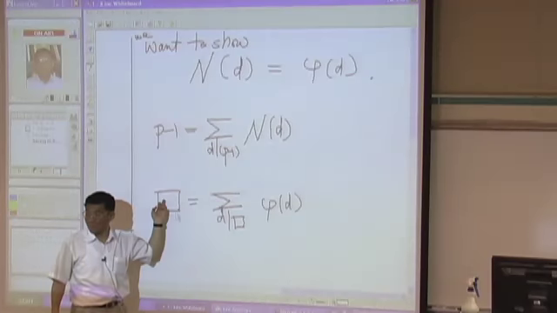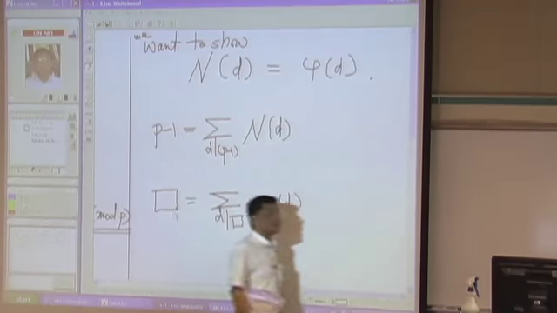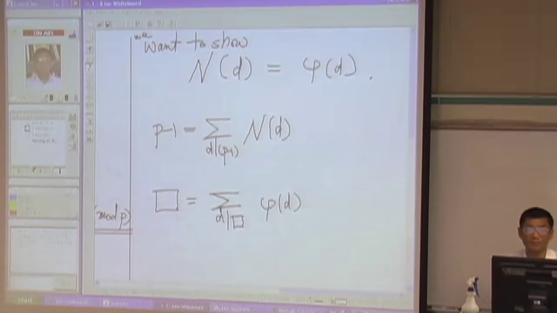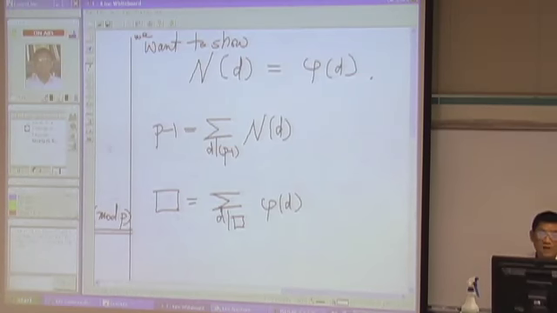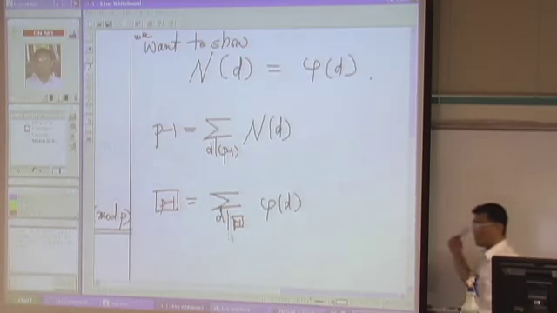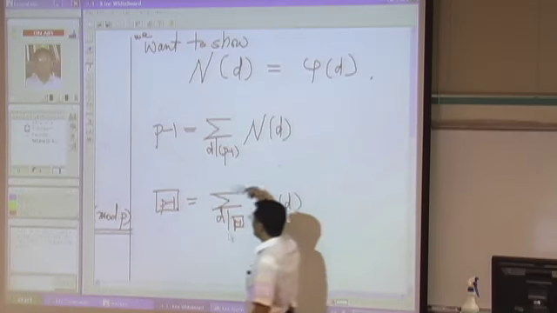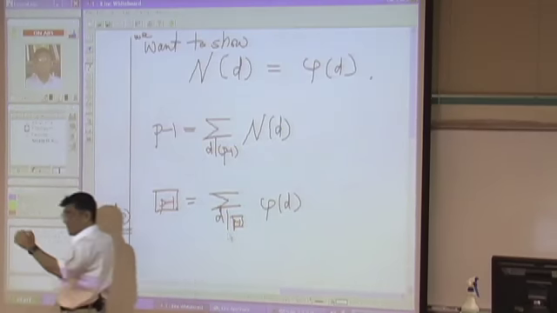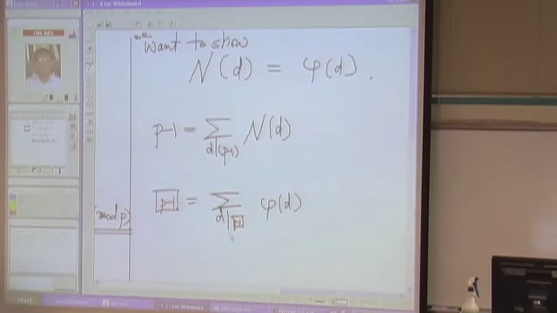We proved this before. So we can replace this box by any number. We can replace this box by p minus 1, then it is p minus 1. But it is not just bound to p minus 1. It could be any number. So take a look. If we add n of d and phi of d, they are equal.